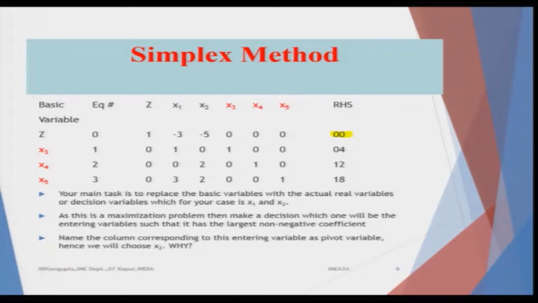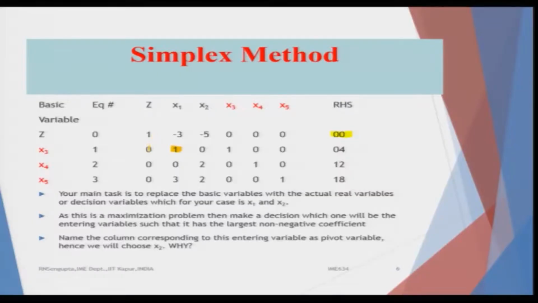The coefficient corresponding to x2 will be 0, because x2 is not there in the first equation. x3 will be 1, because x3 is the slack for the first constraint. x4 is 0 because it is the slack corresponding to the second constraint, and x5 is 0 because that is the slack corresponding to the last constraint.